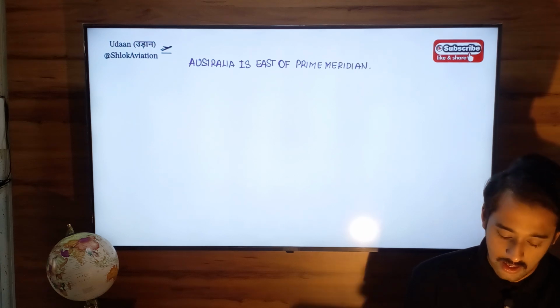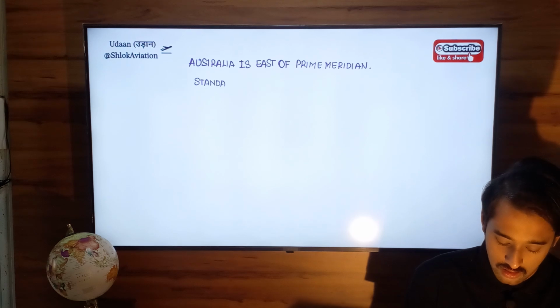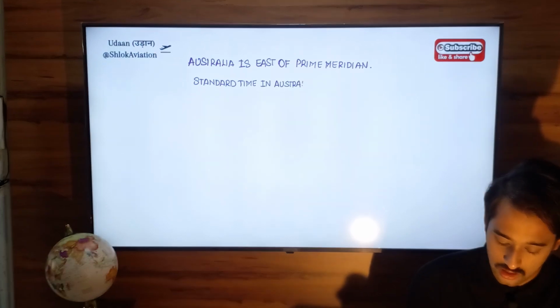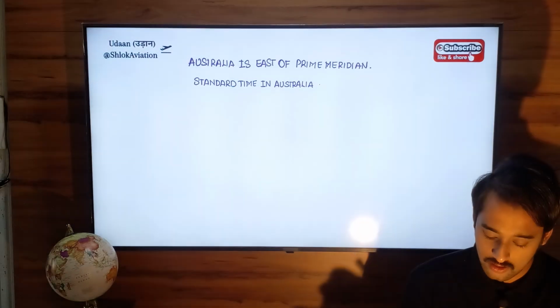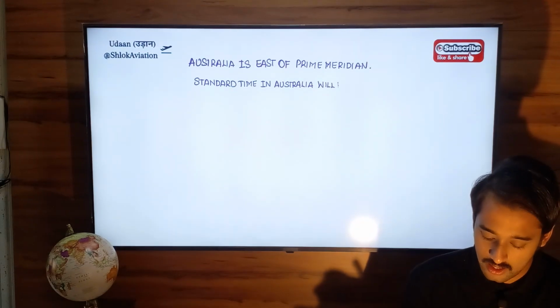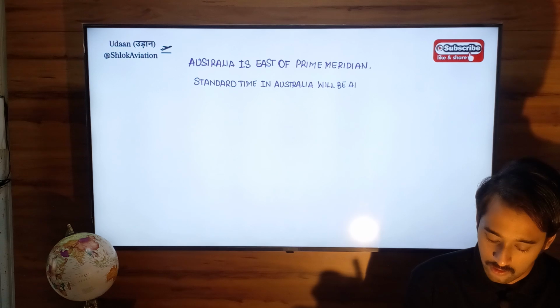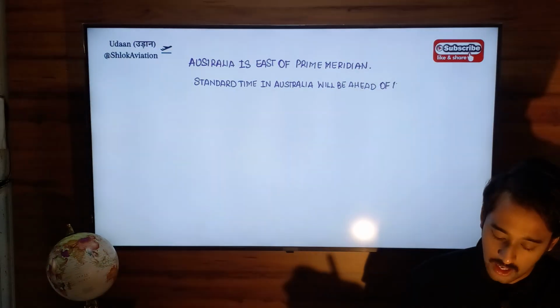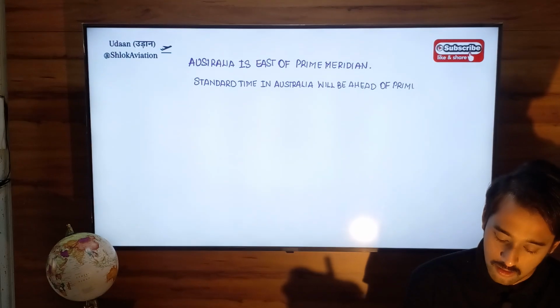Therefore, standard time in Australia will be ahead of the prime meridian.